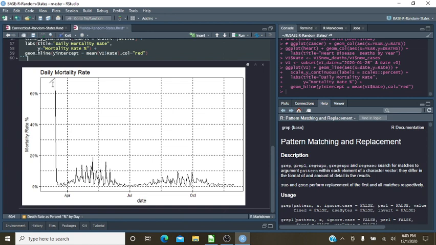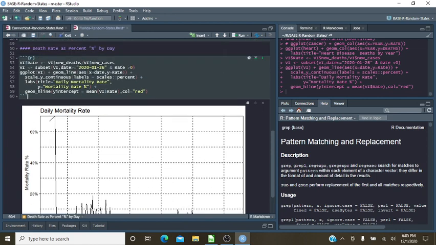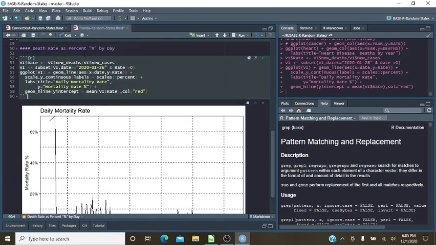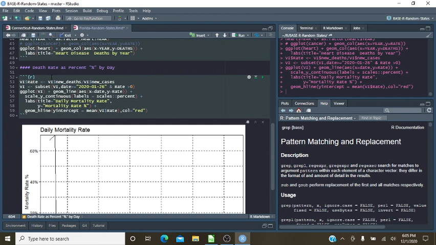This one spike here is kind of annoying. Let's do this. Let's come up here.